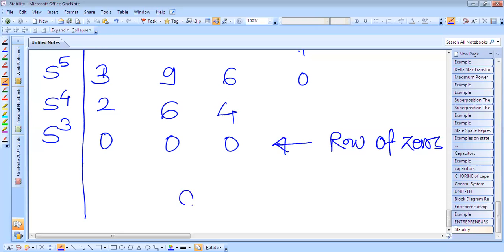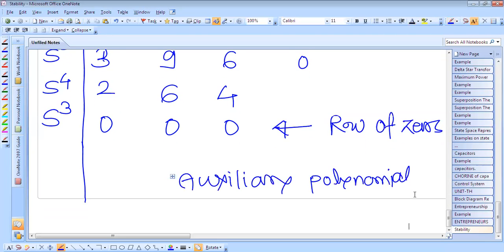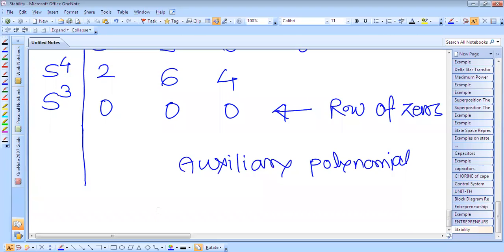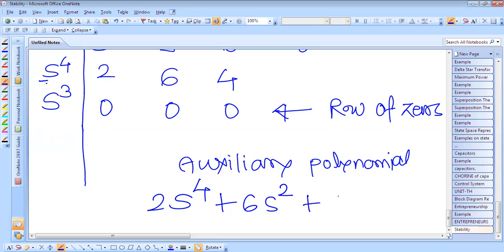So the auxiliary polynomial we can write just above this. The order of the auxiliary polynomial is always even. So this is your auxiliary polynomial: 2s to the power 4 plus 6s square plus 4 is equal to 0.